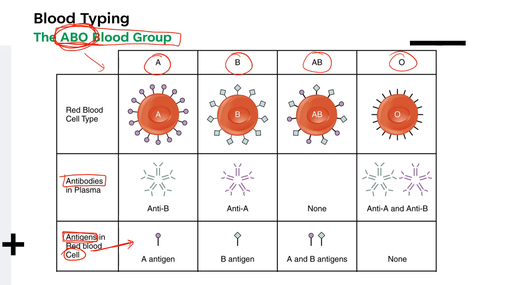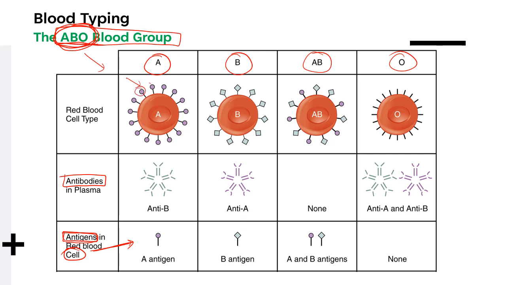For example, this is a representation of a red blood cell. This red blood cell, we say that it's a type A blood because the antigens that they have are A antigens, right?